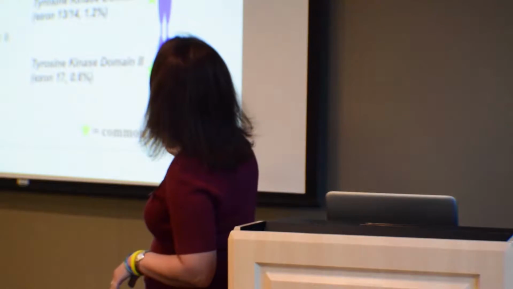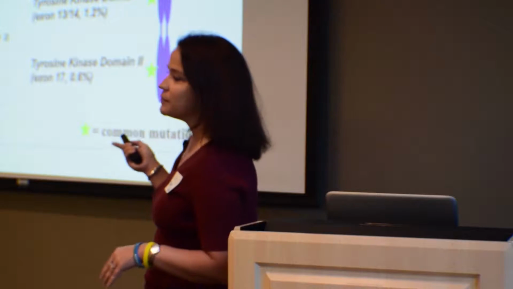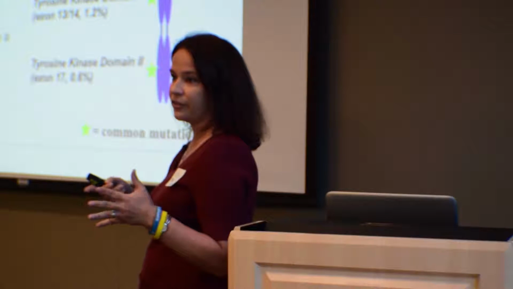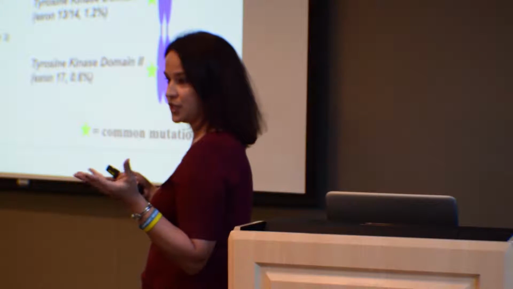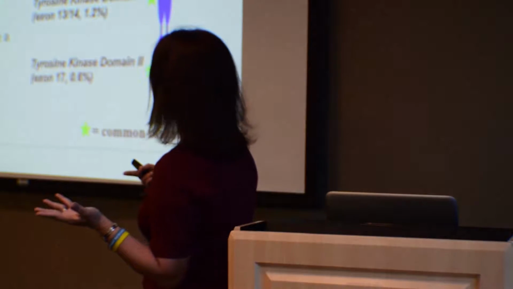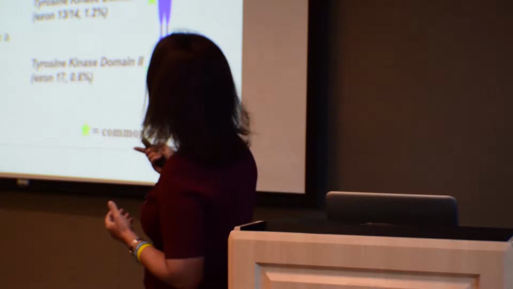This is the part that's outside the cell. This is the part that's inside the cell. And you can have mistakes anywhere along the gene, which is the DNA that codes for how the KIT protein is manufactured. And it's important that we know where in the protein the mistake is happening.